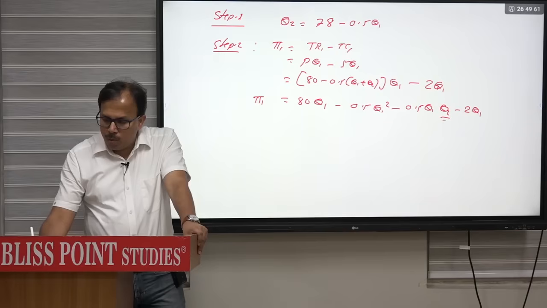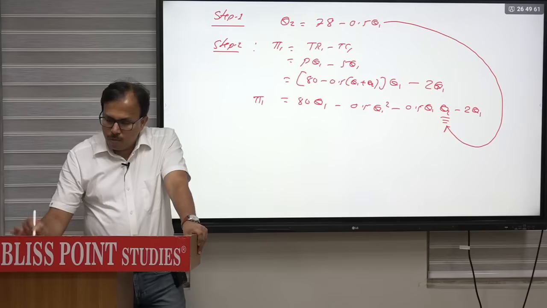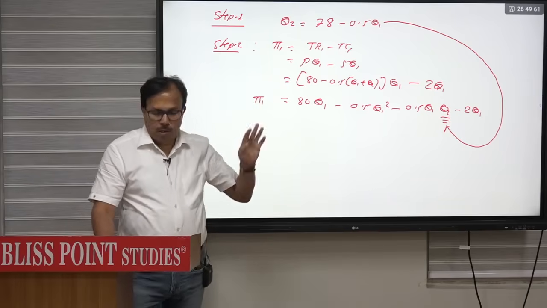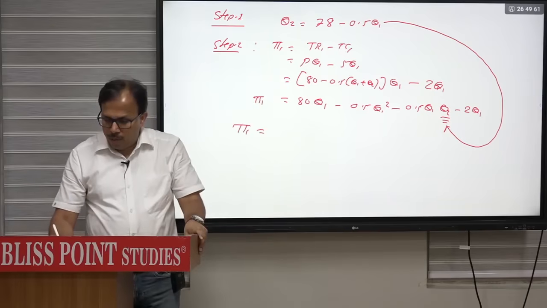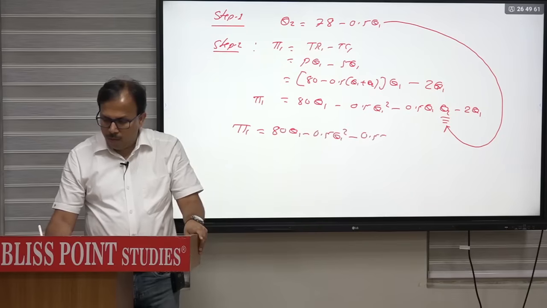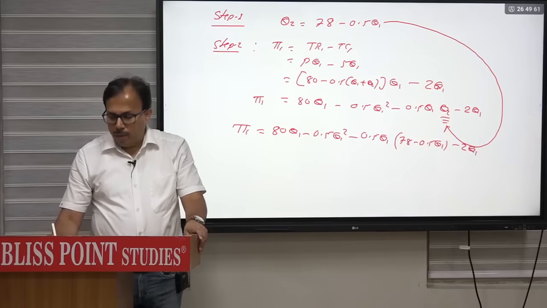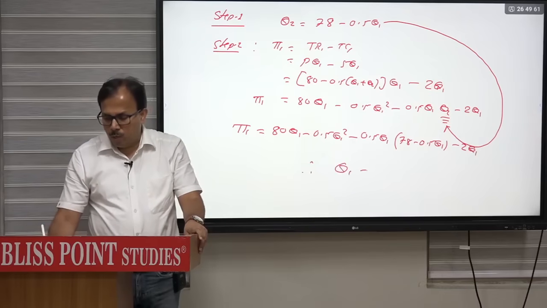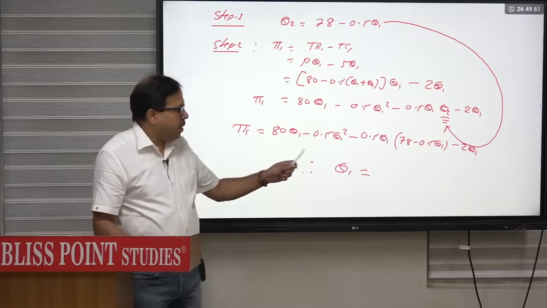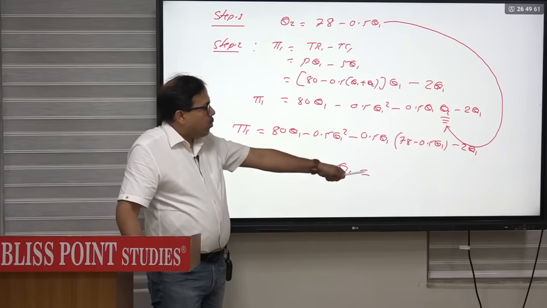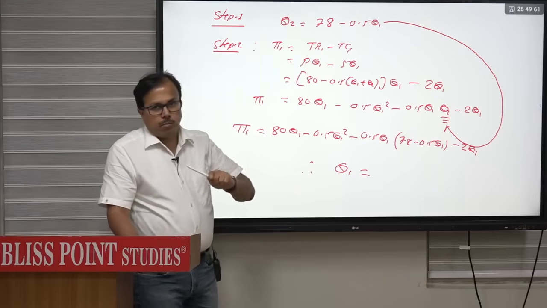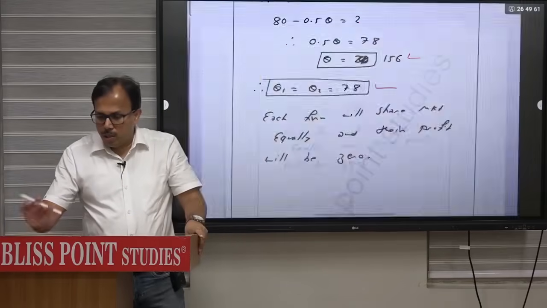That means in place of Q2 हम Q2 को कांस्टेंट नहीं मानेंगे, Q2 ये इक्वेशन आप यहाँ पे सब्स्टिट्यूट करोगे पहले, because leader knows the reaction curve of follower. स्टेप इक्वेशन लिखोगे pi 1 equal to 80 Q1 minus 0.5 Q1 square minus 0.5 Q1, और Q2 की जगह 78 minus 0.5 Q1 then minus 2 Q1, और फिर डिफरेंशिएट करना। अब यहाँ से डिफरेंशिएट करके इक्वेट करोगे 0 से तो Q1 की वैल्यू आ जाएगी, और एक बार Q1 की वैल्यू जब आ जाए यहाँ पे लीडर ने सेट क्वांटिटी कर दी, इस क्वांटिटी को इस इक्वेशन में डाल देंगे तो Q2 की वैल्यू आ जाएगी। तो ये स्टेकहोल्डर मॉडल के अंदर का सॉल्यूशन होता है.